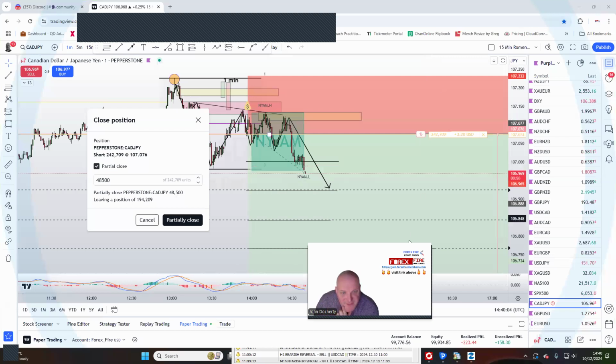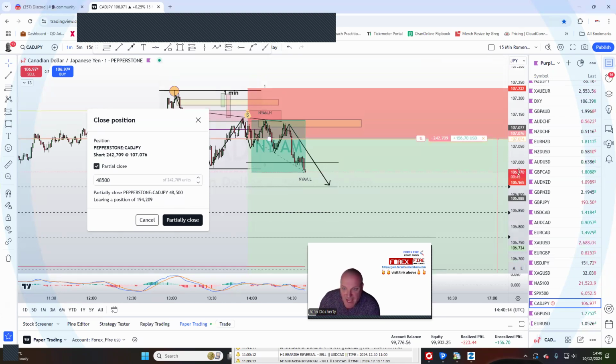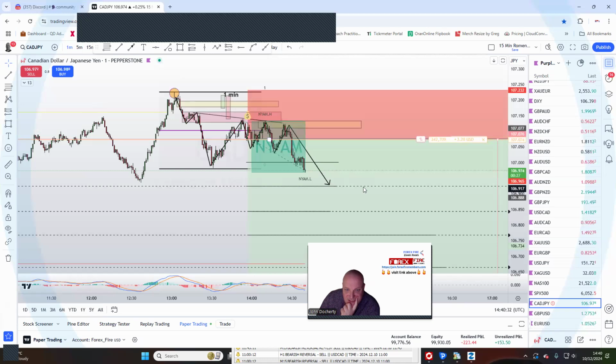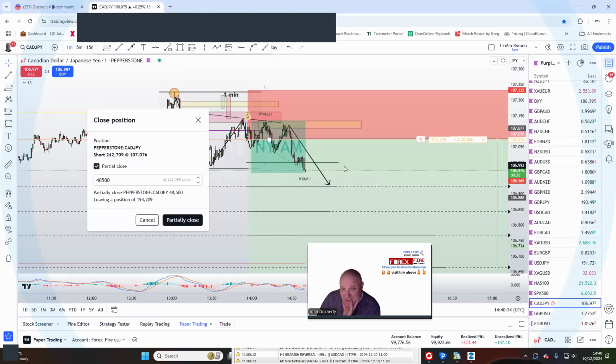All right, so here's me thinking, guys, okay? If we do come down to this level, we'll take the partial, okay? The SL I'll keep above the break even, okay? The only way I'll move the SL to this area is if I go down and tag this area. So I'm still going to be a nice distance away, but I'm more than happy to keep the risk on the table because I am risk free at the minute.